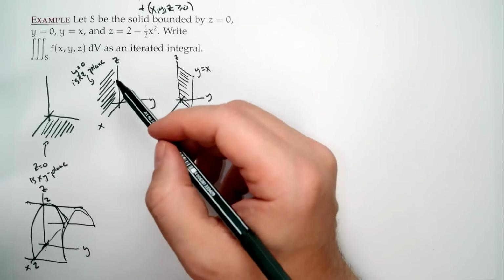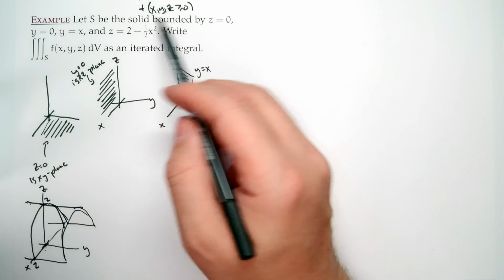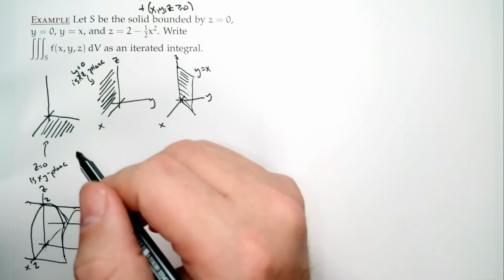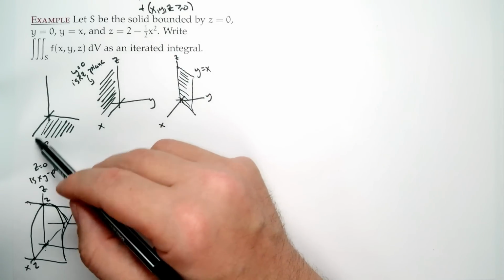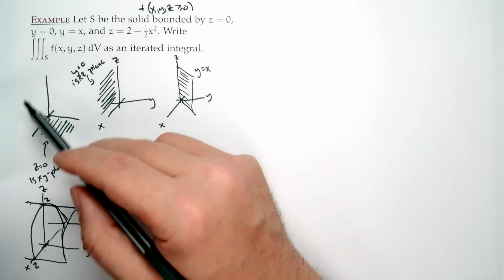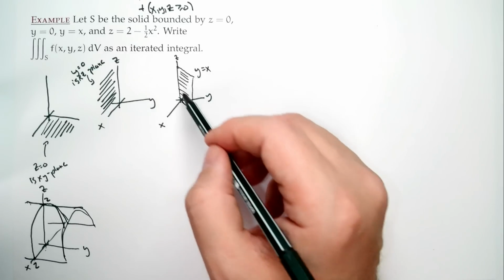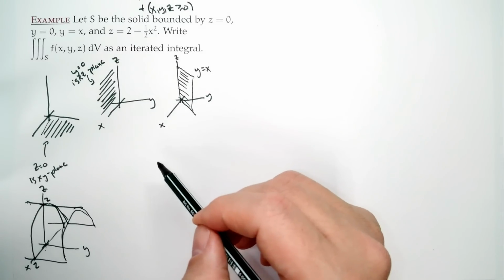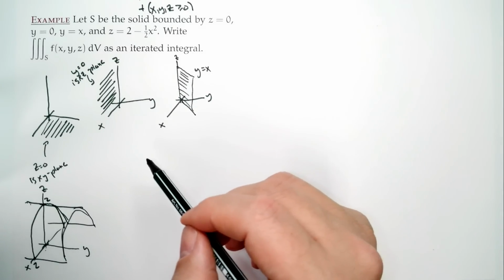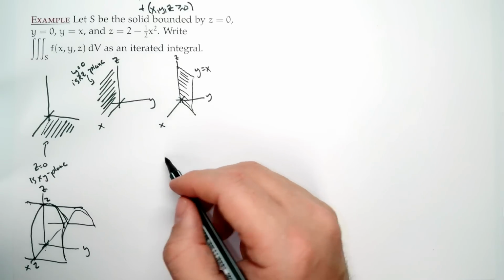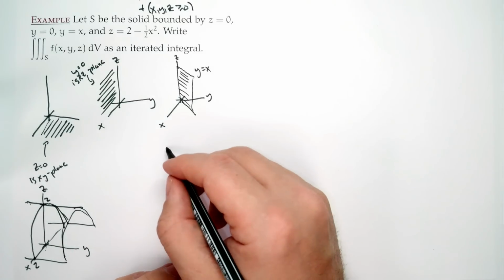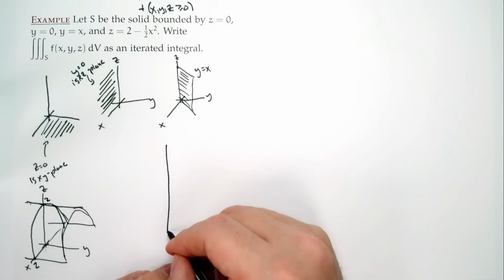If we start building this up, let's assume x, y, z are all greater than or equal to 0. Well, you have the floor, you have this sidewall, then you have this thing coming out at 45 degrees. So that's great. Let's see if we can find a good way to fit this all in.